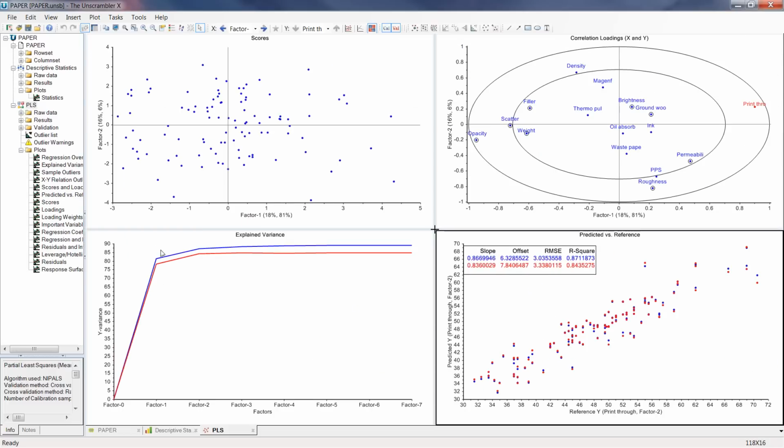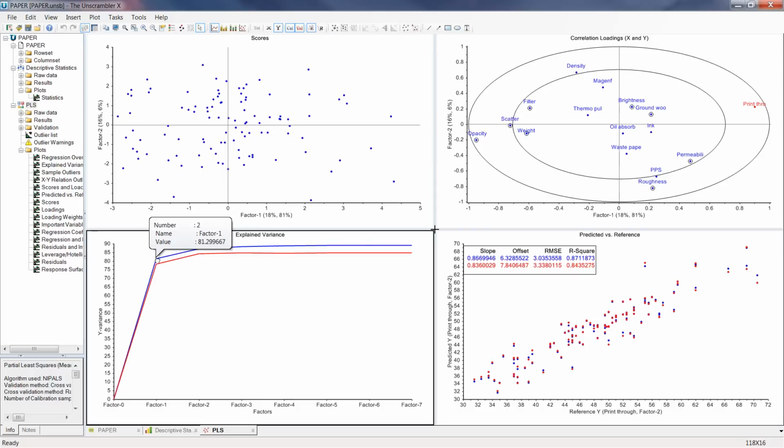If you look at your explained variance here, you can see that it's explaining a lot in the first factor. As we saw, print through is related highly with the first factor. And then the second factor gets us a little bit more data. You wouldn't want to go any past 2 in this case because there is a plateau. So adding factors 3 or 4 doesn't really add any more information to you.